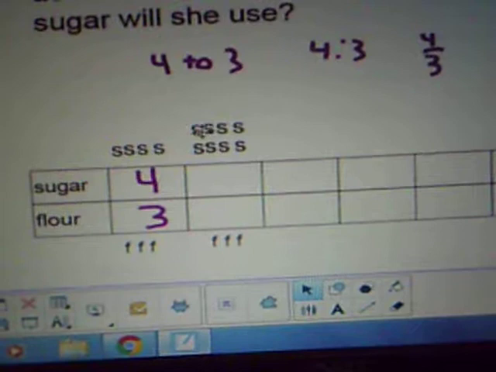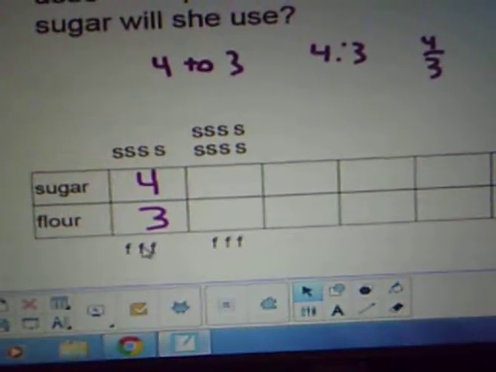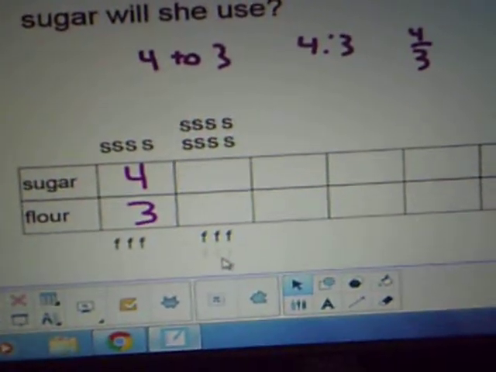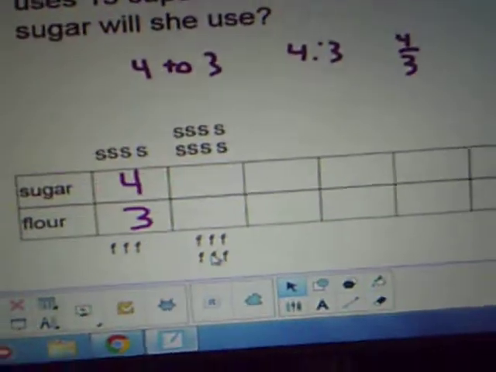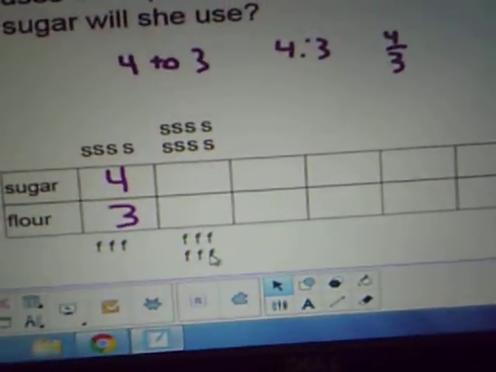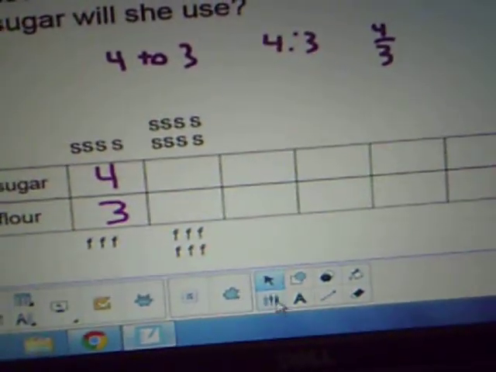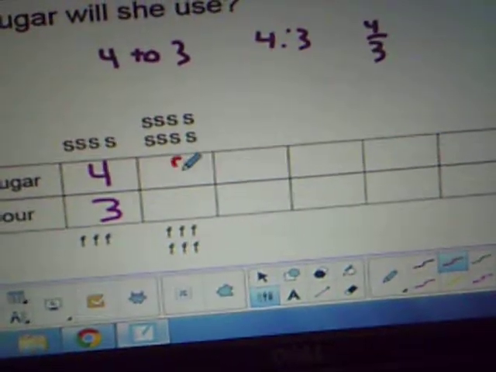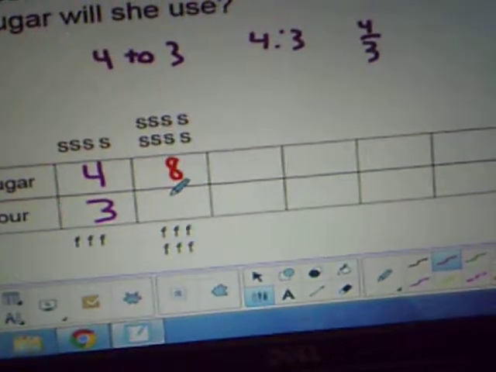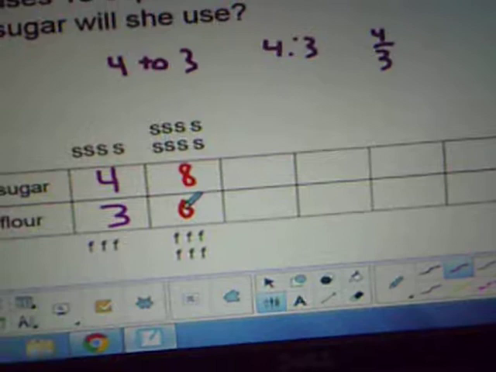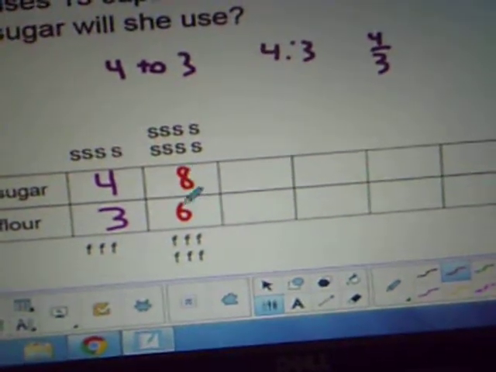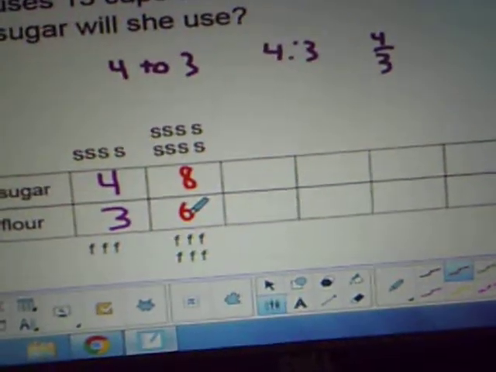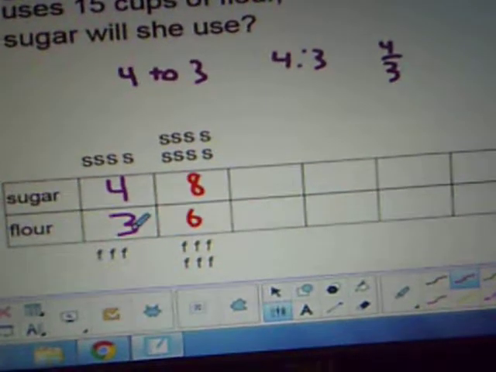And then for this 4 cups of sugar, I also need 3 cups of flour. So what I have is 8 cups of sugar and 6 cups of flour. 8 to 6. 8 to 6 is an equal ratio to 4 to 3.